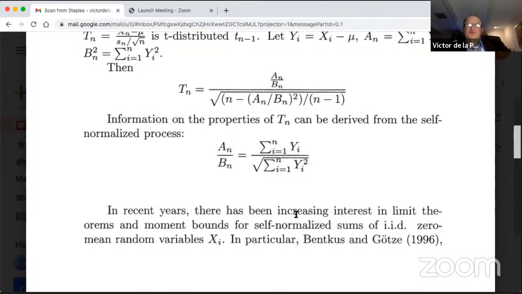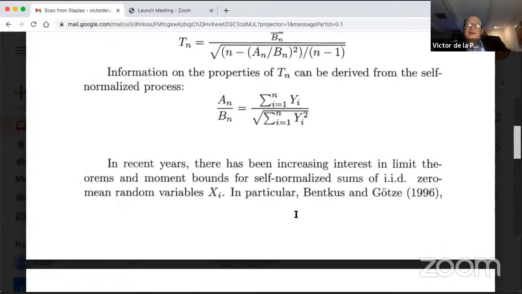The theory of self-normalization, aside from Student's paper, includes some work of Shepp and Mallows in the 70s. There's some work of Efron, where he showed the robustness of the t-statistics.